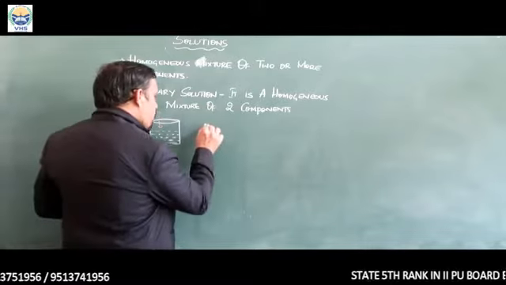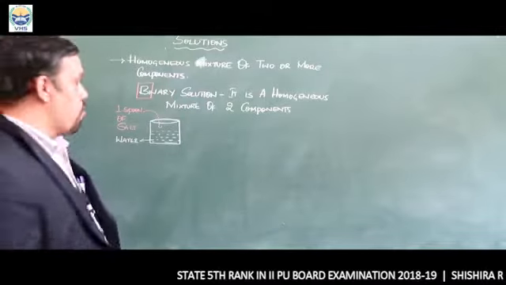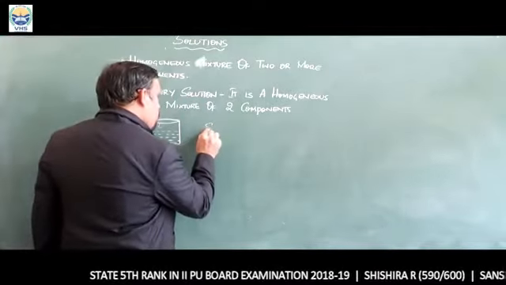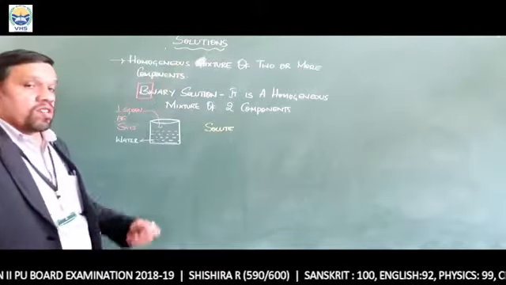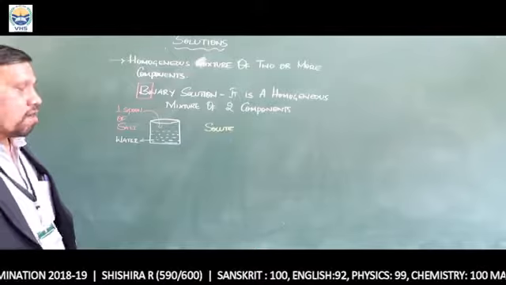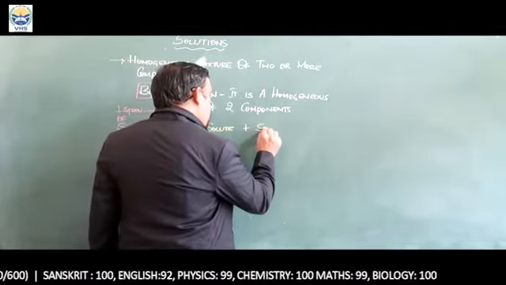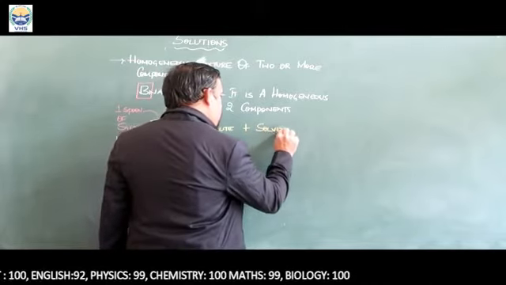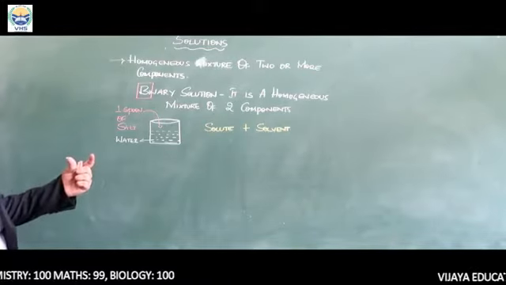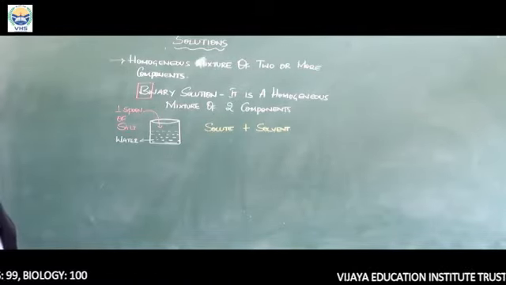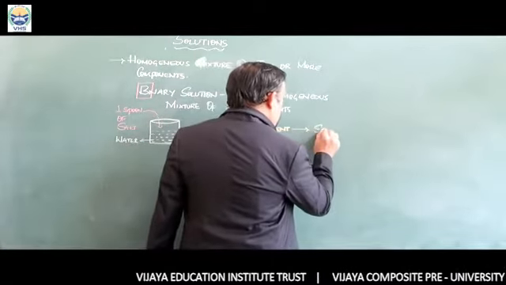The component that is present in smaller amount is called the solute, and the component that is present in larger amount is called the solvent.